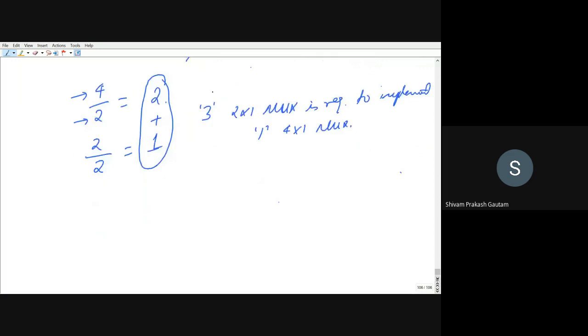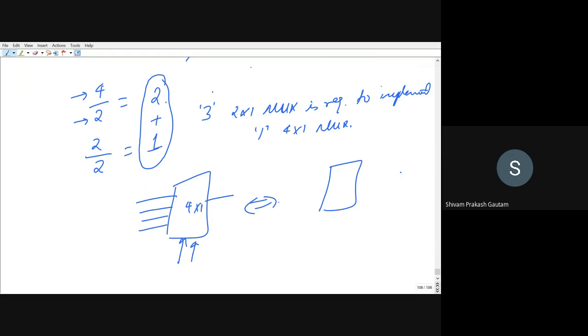So what we are doing here: suppose this is a 4x1 mux, with 4 inputs and 1 output. If we want to implement this using 2x1 mux, how can we achieve this? How does a 2x1 mux look? This is how it will look. But we need 3 2x1 muxes.